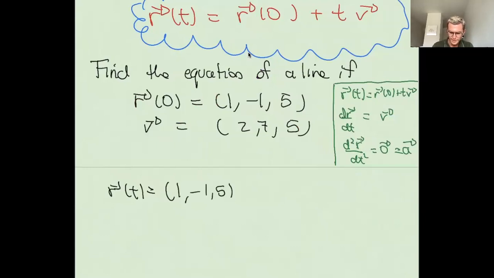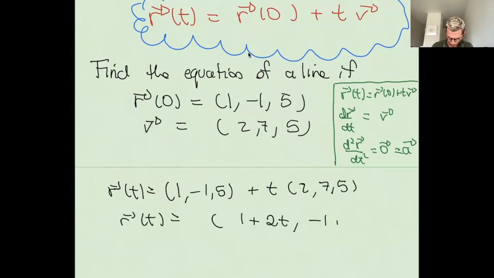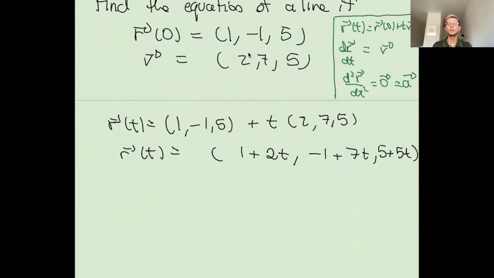This is just the answer. If you wanted to combine these two things together, this is the formula for the position at time t of the particle on the line. Is that making sense?